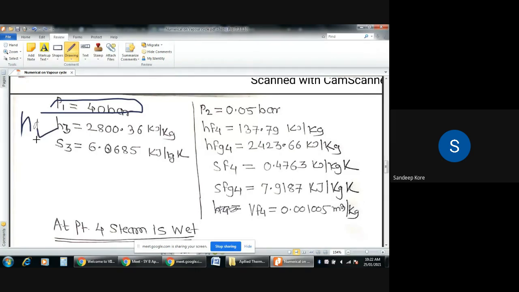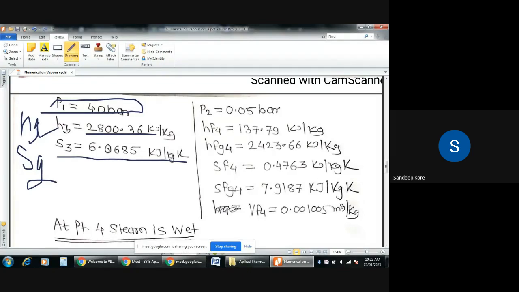Hg is the enthalpy of dry saturated steam, and Sg is the entropy of the dry saturated steam. Hg is 2800 kilojoule per kg and Sg is 6.068 kilojoule per kg Kelvin. This data we can write from a pressure table, referring to the steam table.